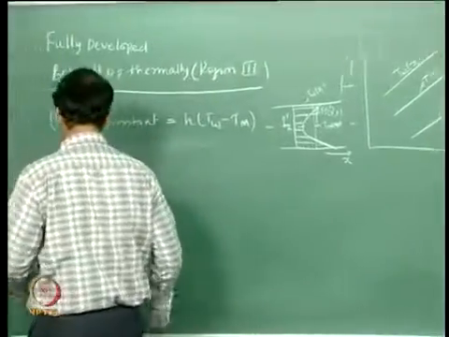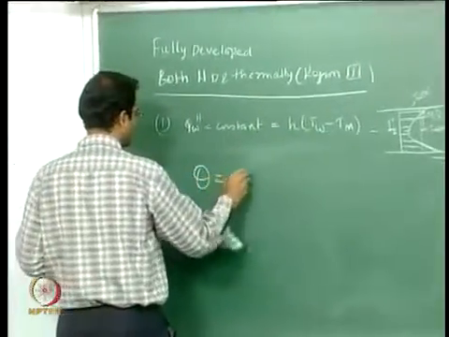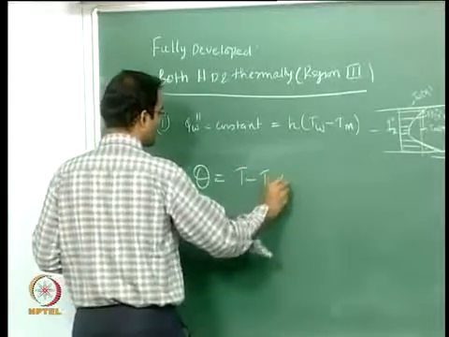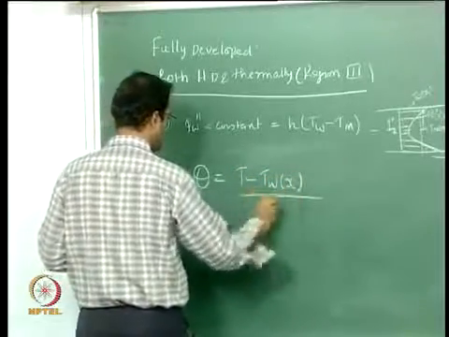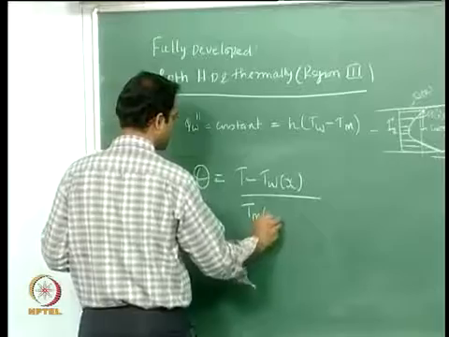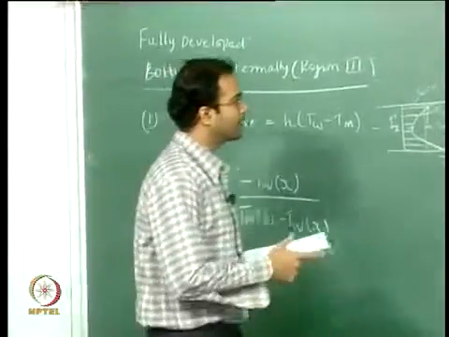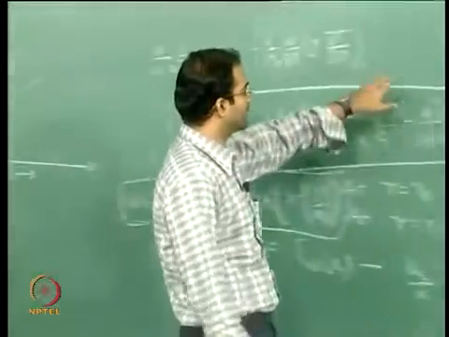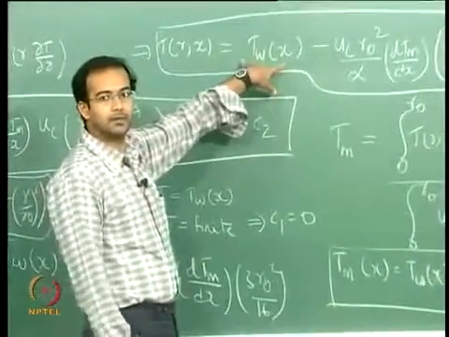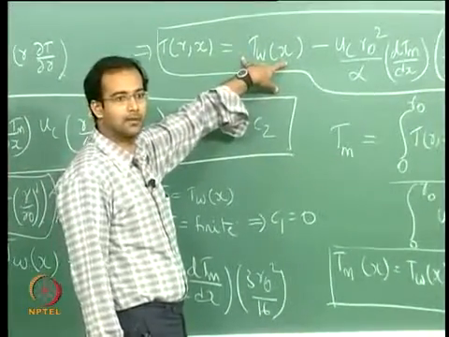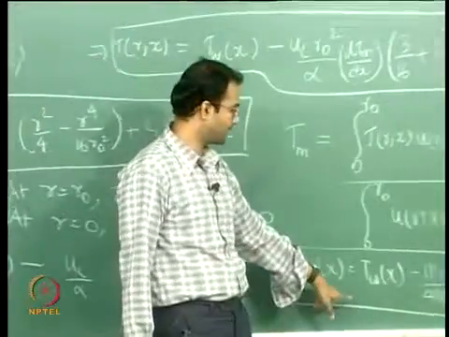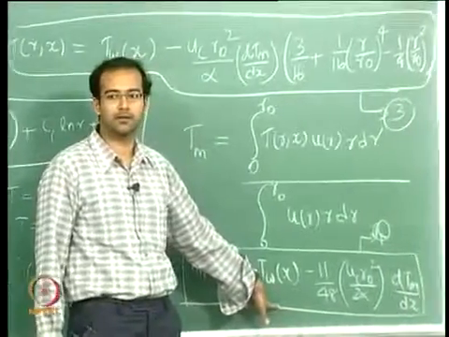So your non-dimensional temperature is defined as T minus T wall of x by Tm of x minus T wall of x. Now you have an expression for T minus T wall from the temperature profile, and also an expression for Tm minus T wall here.